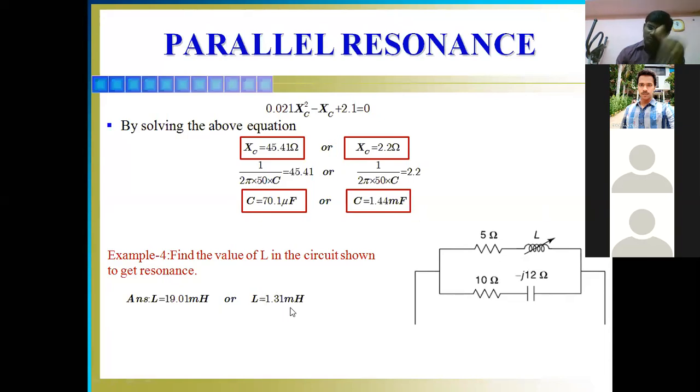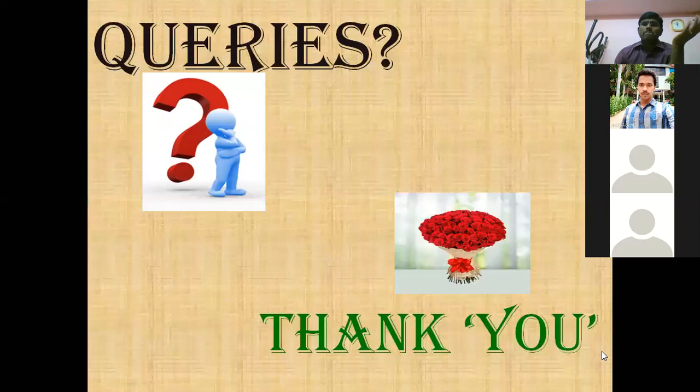If you follow the same procedure, calculate Z1 and Z2, calculate admittance, and equate the imaginary part to 0, then you again get a second order quadratic equation. If you solve that, you get two roots, and from those you get two values of inductance.